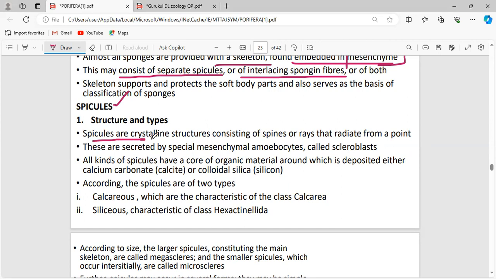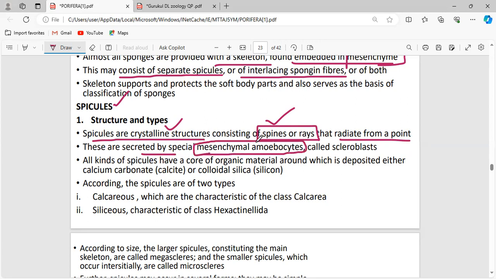Spicules are crystalline structures consisting of spines or rays that radiate from a point. I'm going to say what spines and rays are. These spicules are secreted by special mesenchymal amoebocytic cells.